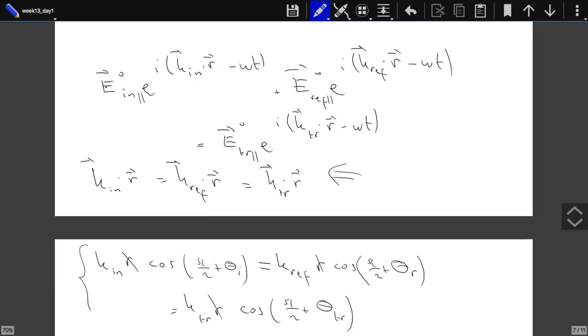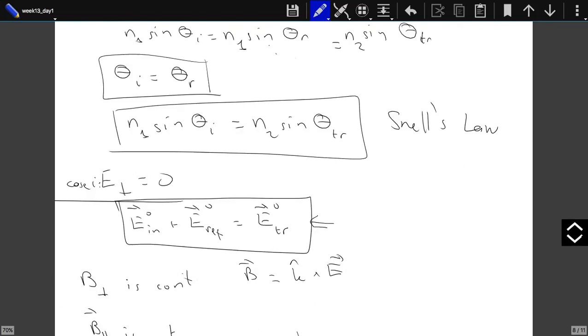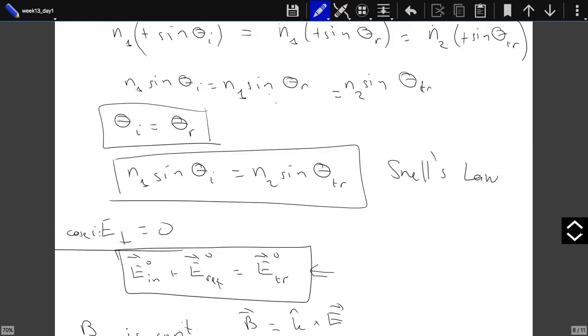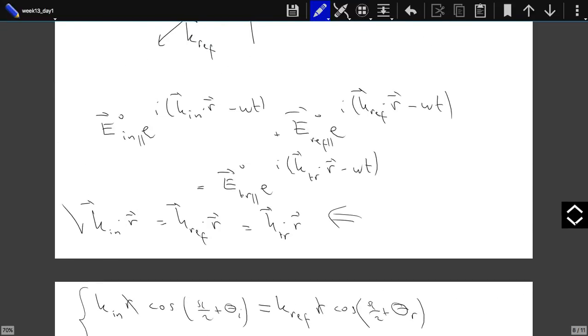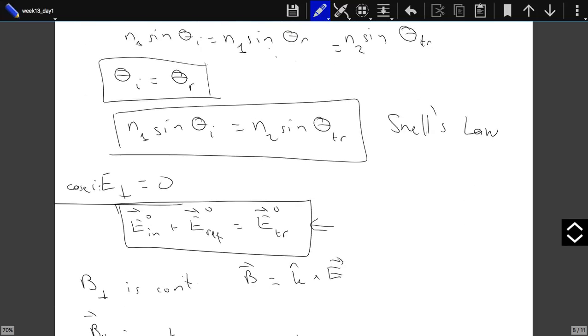So to solve this equation at every point, this has to be true all the time. This gives us Snell's law. So that's nice. So if the perpendicular component is 0, the electric field only has the parallel component, so this is correct. So there's no problem with this law.